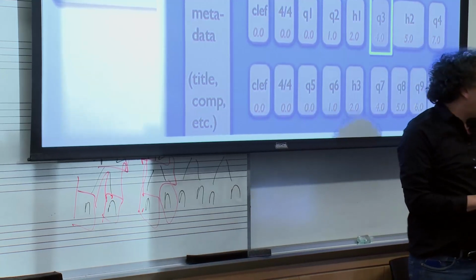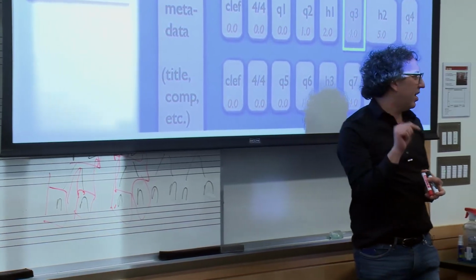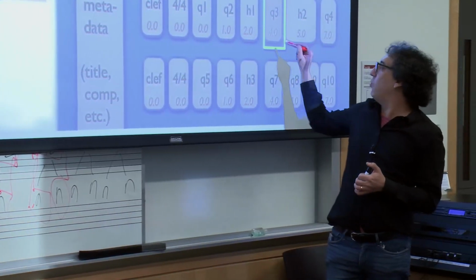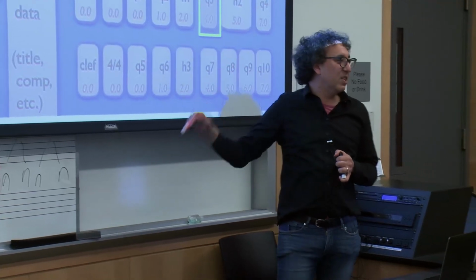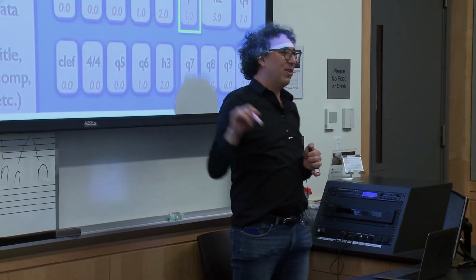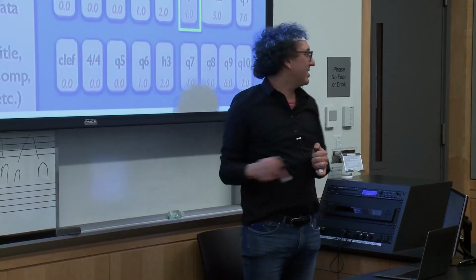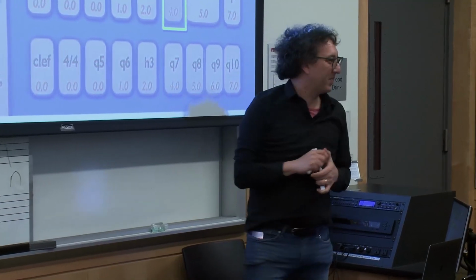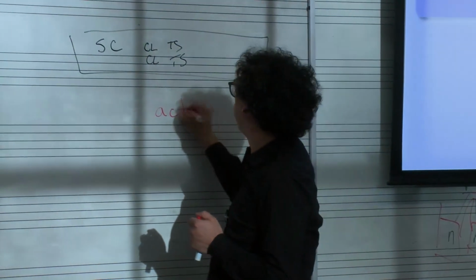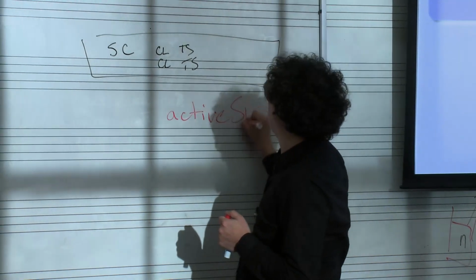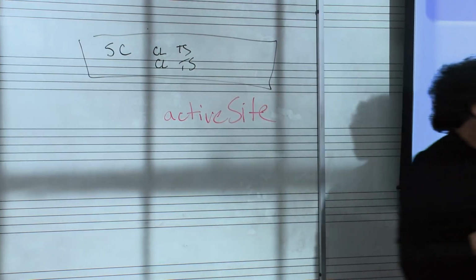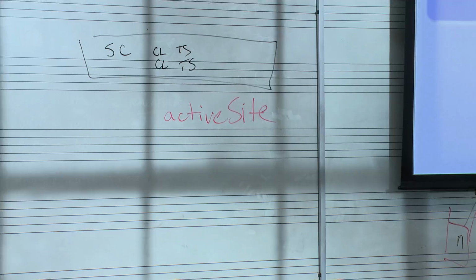Which offset does it tell you when you put dot offset? It tells you whatever the offset is in the last stream that you iterated over that has that object in it. We call that the active site. So it tells you the offset in its active site.